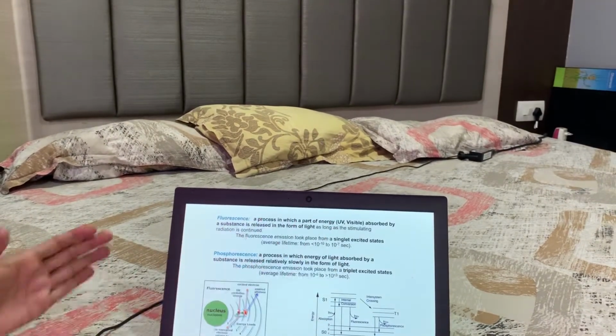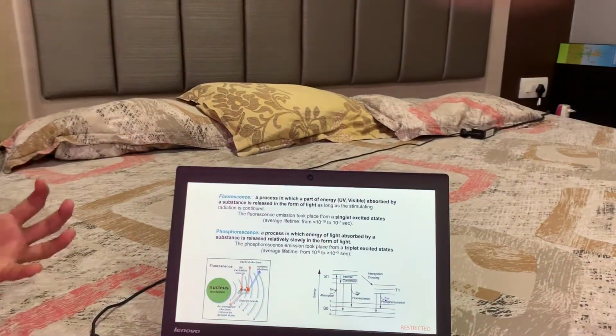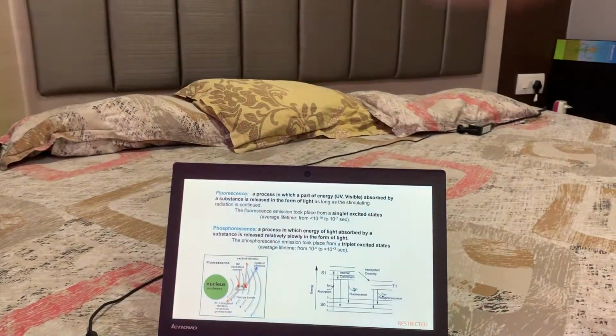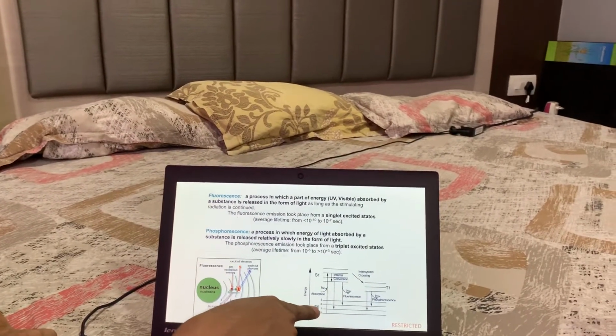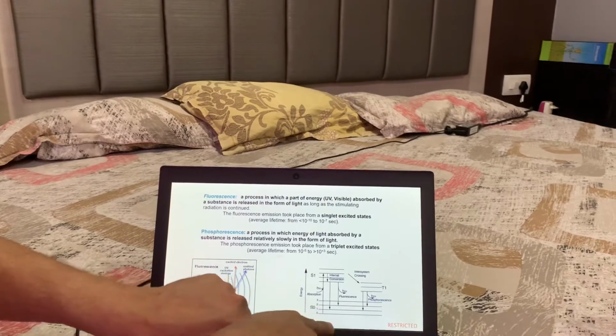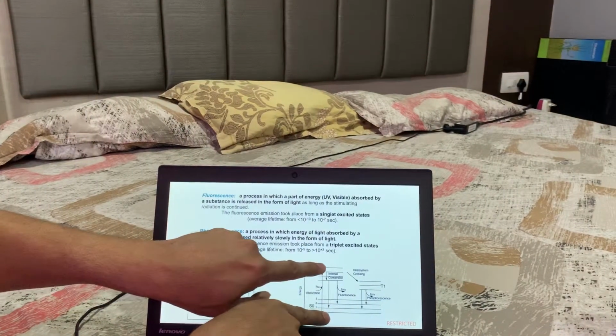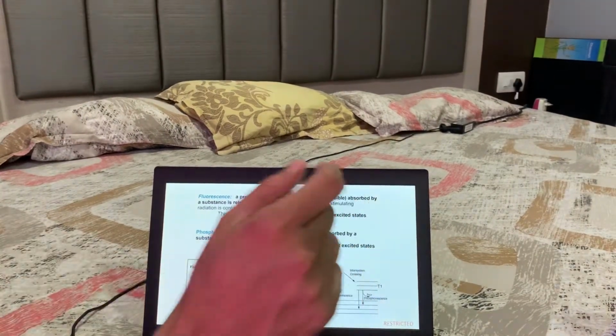So again, it is the process of energy absorbed by the substance and released in the form of light, and therefore it is called fluorescence. Same story here: this is the ground state S0, and when it reaches the higher state S1 and then releases energy, again there is a release of fluorescence.